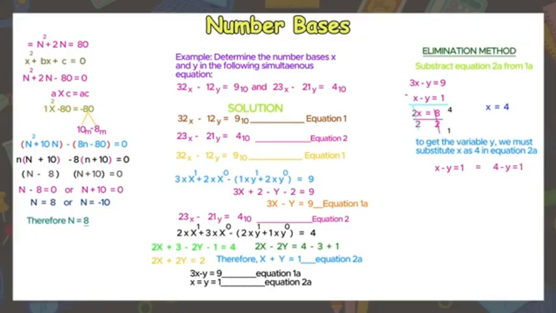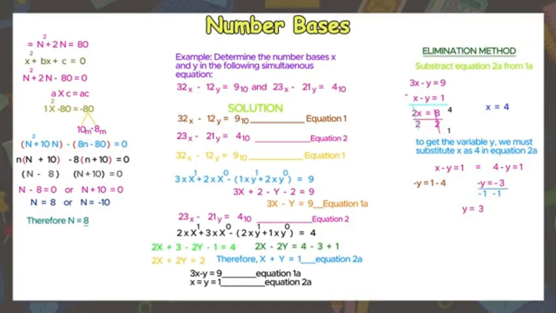So we collect like terms now. That means minus y is equal to 1 minus 4. This one is positive here, it becomes negative here. So minus y is equal to minus 3. This is not y yet, we're having minus y and we're having minus 3. So we divide both sides by minus 1. We cancel this, we cancel this. So y is equal to 3.